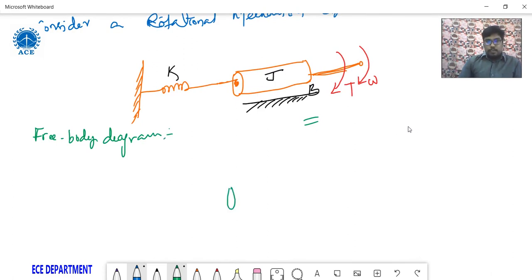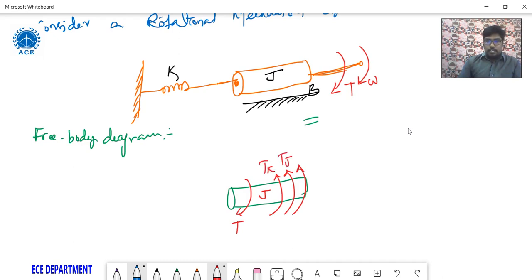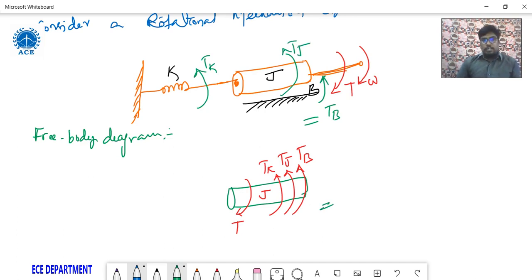So this is J, the inertia element, with the applied torque and opposing torques Tk, Tj and Tb as mentioned. So this is a free body diagram.